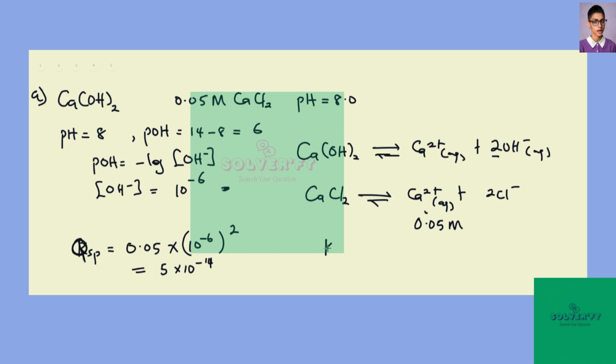Then the KSP of calcium hydroxide is 6.5 times 10 raised to the power minus 6.